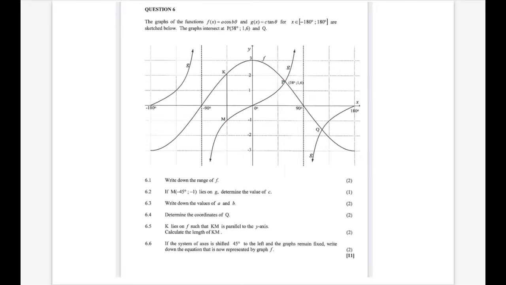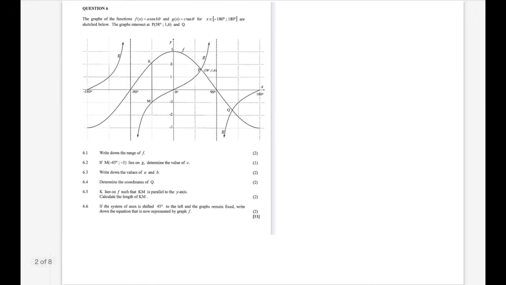We are given those graphs and we're told they're drawn here for this domain, and you can see that it's starting from minus 180 to 180. They're sketched below and they intersect at P and Q. P is this guy here with coordinates 58 and 1.6, as well as Q with no coordinates yet. That's Q over here. So the first question says 6.1, write down the range of f.